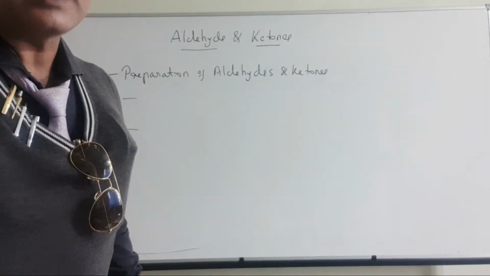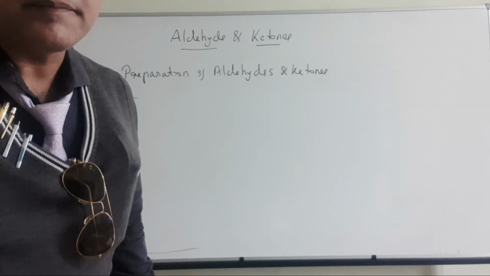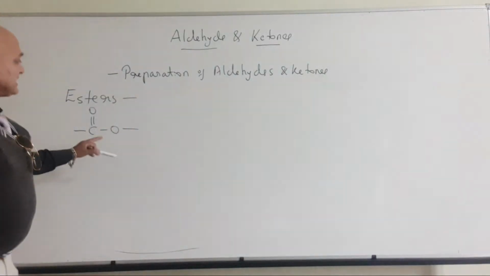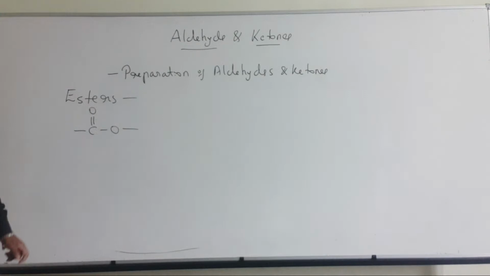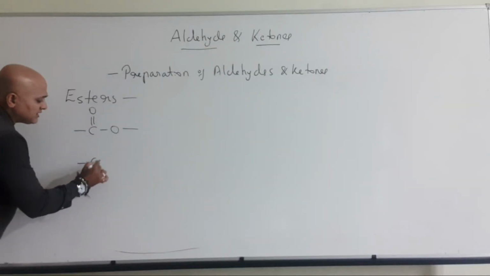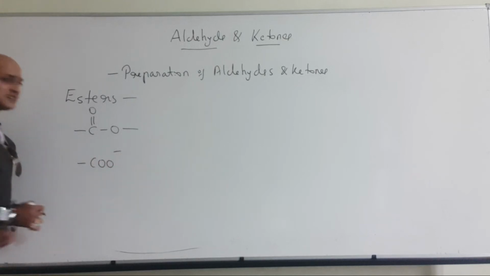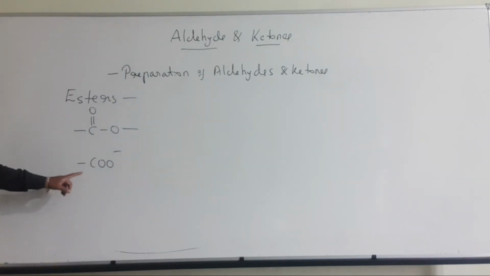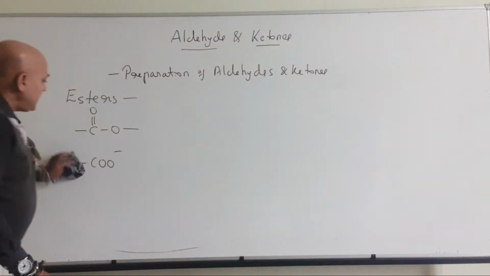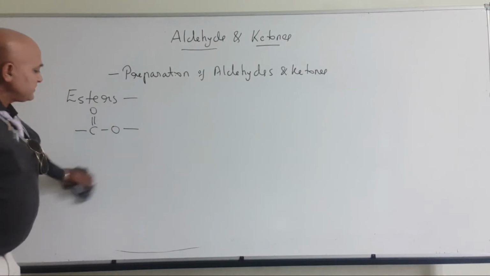Those molecules are called esters. COO. Okay. But others should not get confused. If you write like this, it is carboxylate. It's not an ester. It will become a carboxylate.